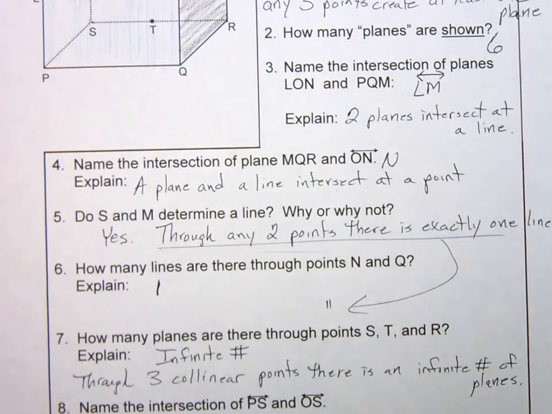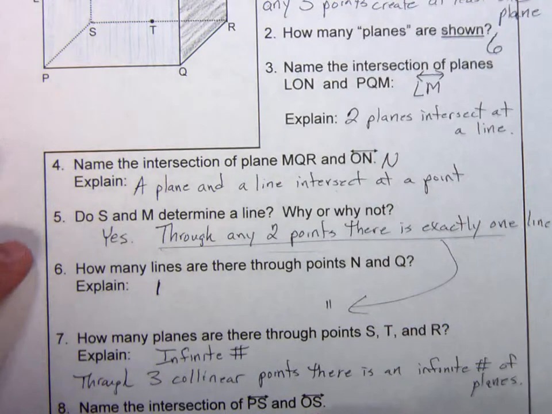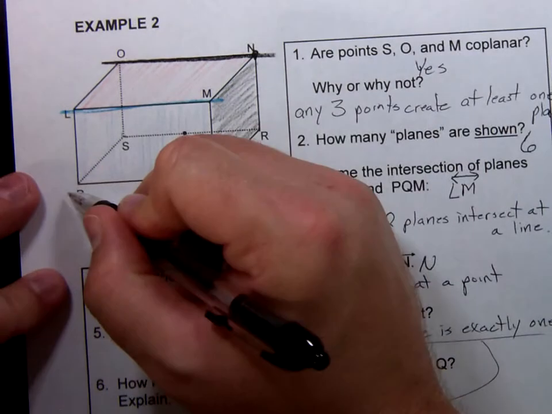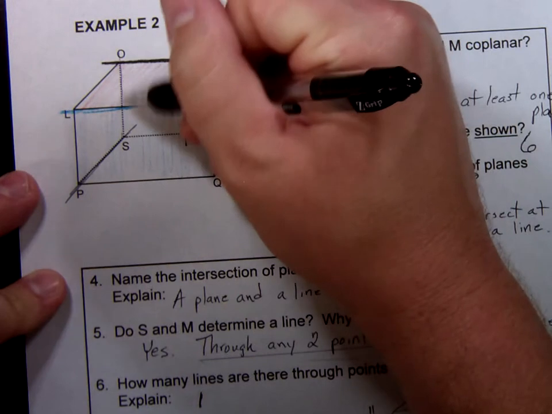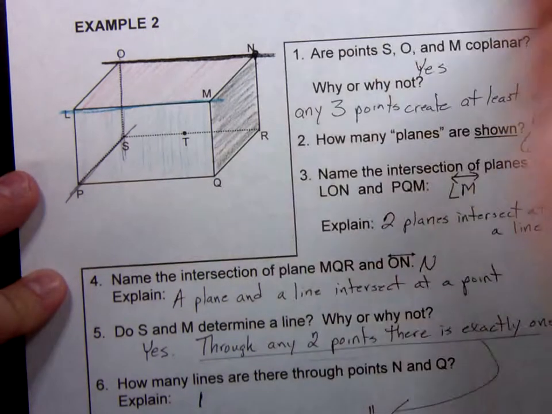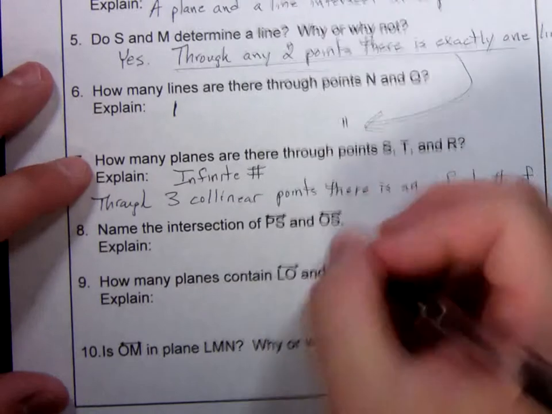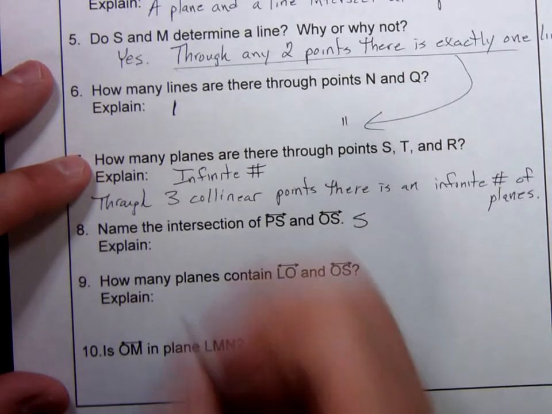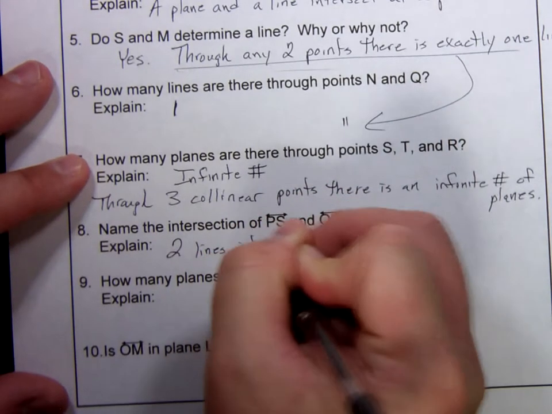All right, the next thing, we want to name the intersection of line PS and line OS. So here is line PS, and here is line OS. Where are those intersecting? They're intersecting at point S. Two lines intersect at a point.